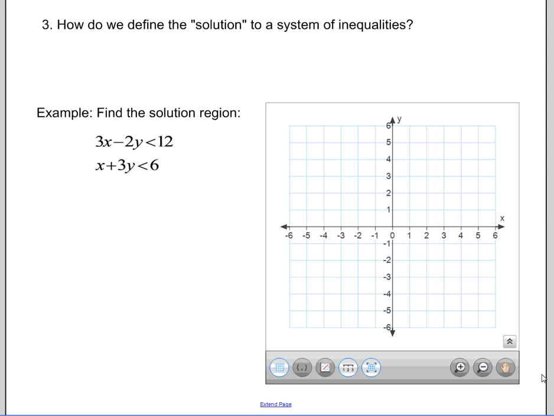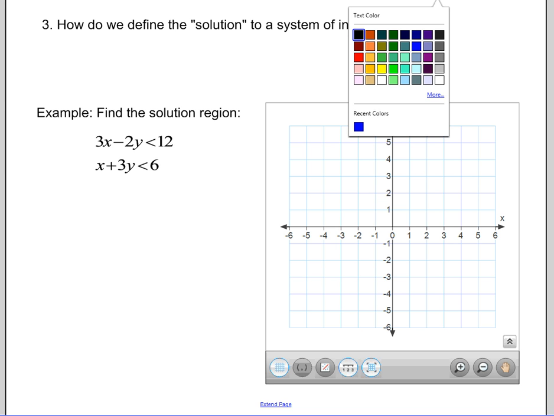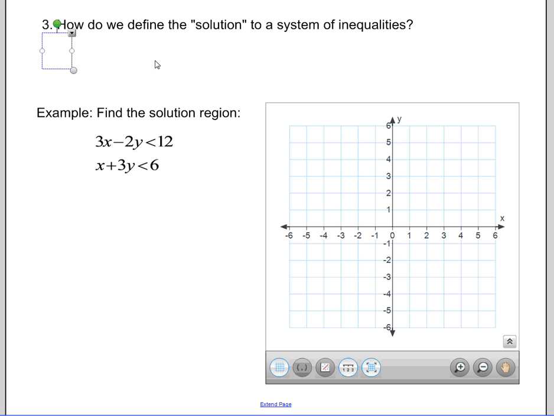So now we want to define our solution to a system of inequalities. And so if we want to find the solution to a system of inequalities, what we're really going to do is look for a solution that involves the overlapping of these regions.